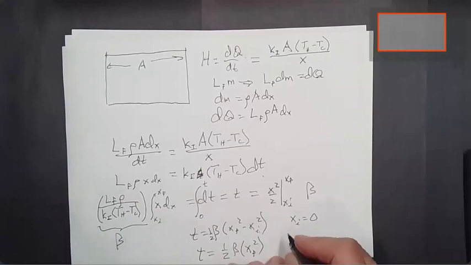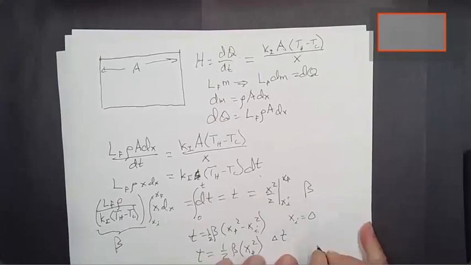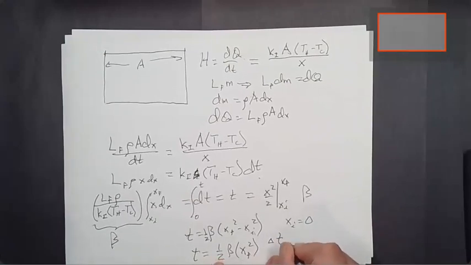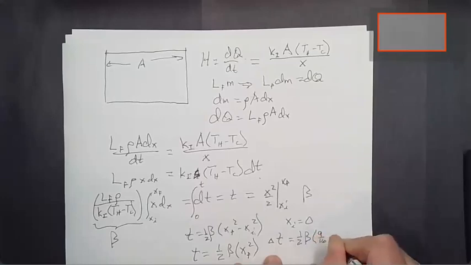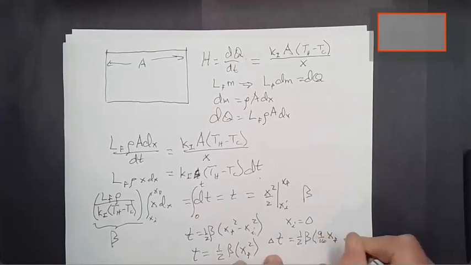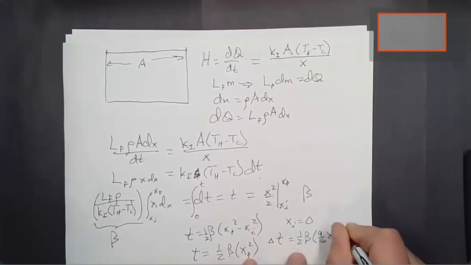What would the time look like? Well, delta T in that case would equal 1/2 beta times 3/4 squared, which is 9/16 x final squared.